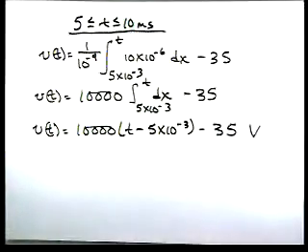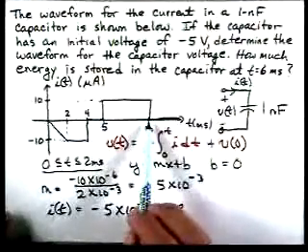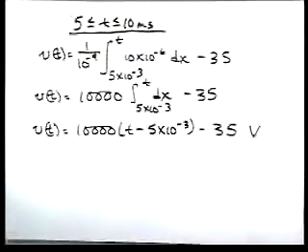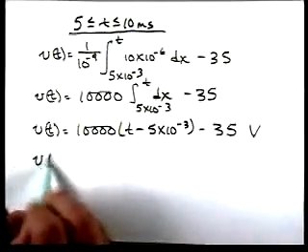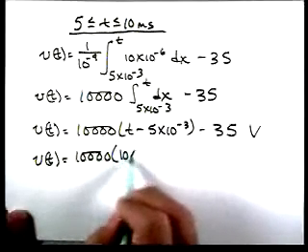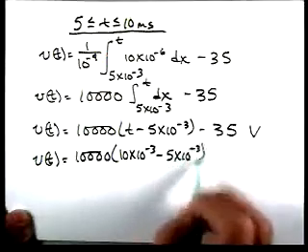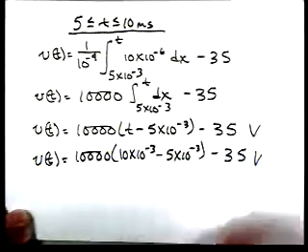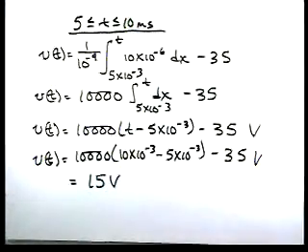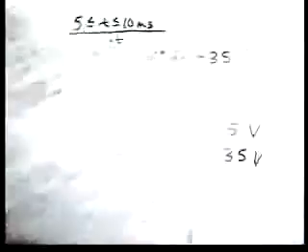We now need to calculate the voltage at 10 milliseconds, because then the current goes to 0. So we have 10,000 times 10 milliseconds minus 5 milliseconds, minus 35, and this gives us 15 volts. Current is 0, so there's no change in the voltage.